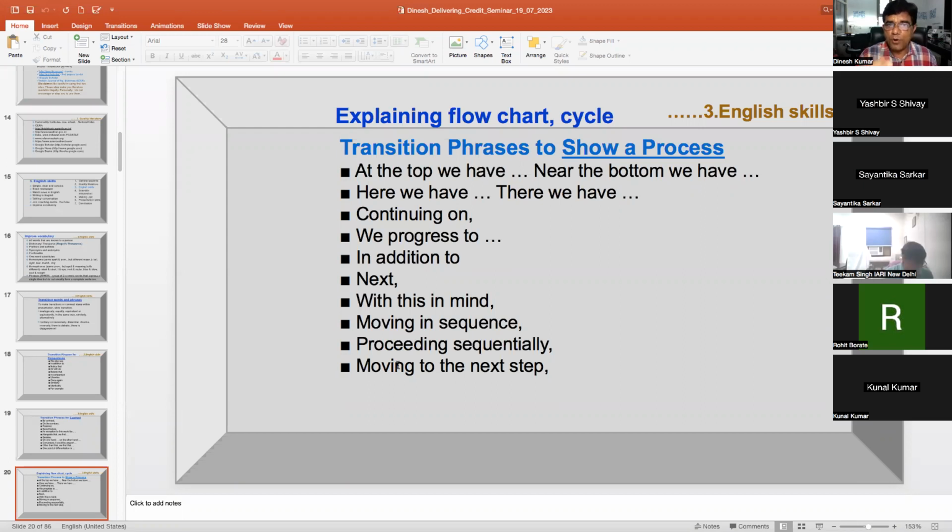For example, at the top, means on the top or first step, at the top we have, near the bottom, then on the bottom side, near the bottom we have, left side, right side, like that. Here we have, there we have, continuing on, we progress to, in addition to, next step is, with this in mind, the next step happens, moving sequence, proceeding sequentially and moving to the next step. So these are so many phrases that can be employed to explain a flow chart or process.